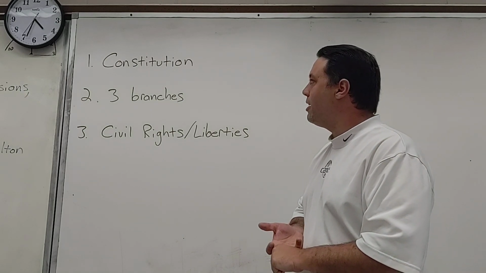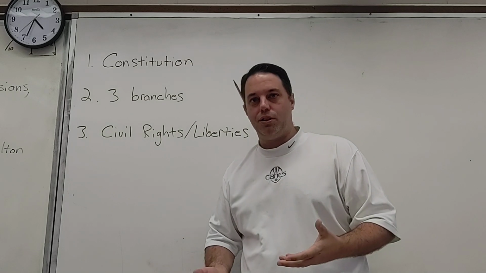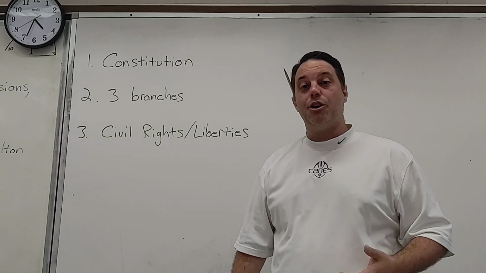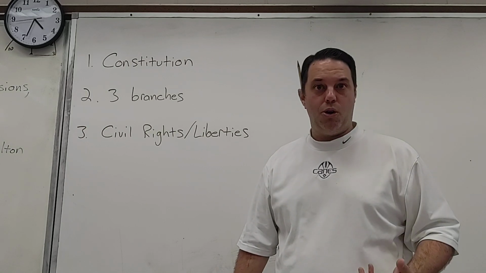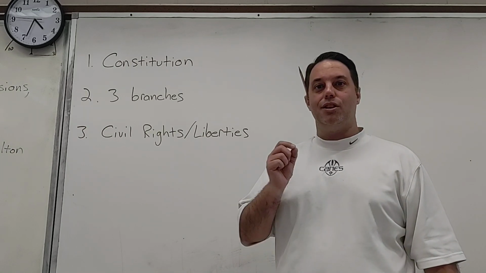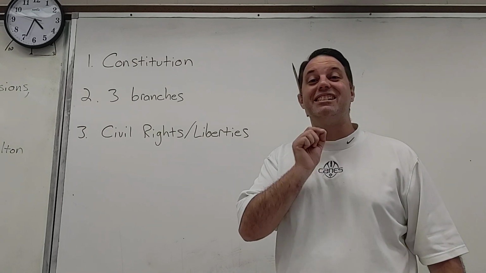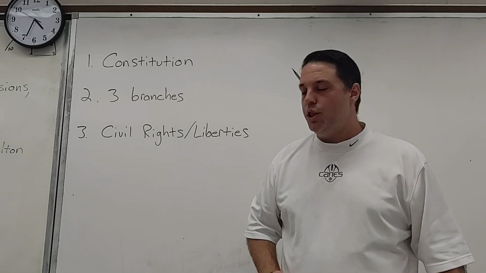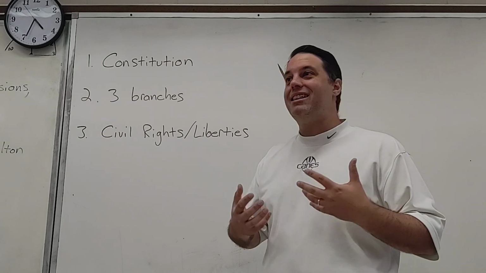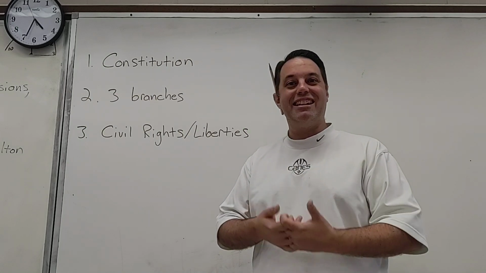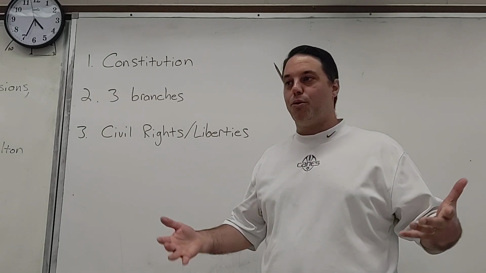Another thing that they like throwing in on the Constitution historically is what's called the necessary and proper clause. Sometimes it's also referred to as the elastic clause. Basically, this gives the federal government, and specifically Congress, the ability to pass laws for anything that may come up that they deem necessary and proper for the running of the country.